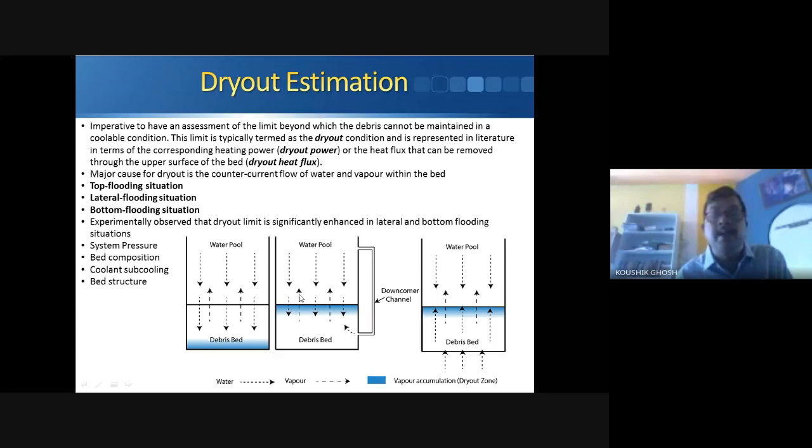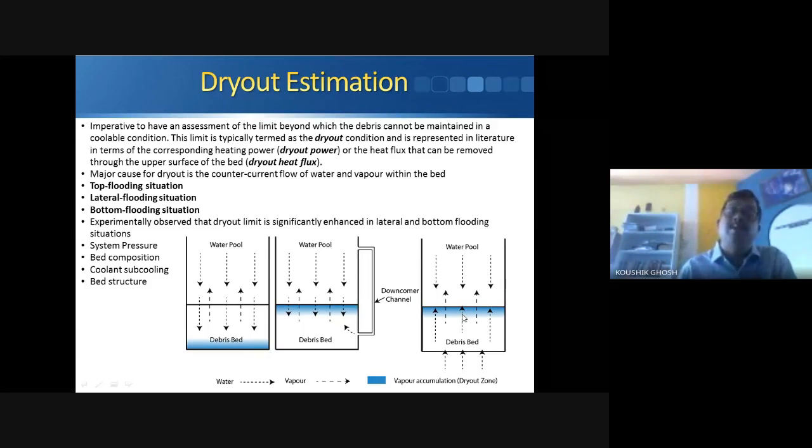Now, due to the presence of this porous bed, whose resistance is very high, there may be accumulation of vapor here. If the vapor is accumulated inside the bed, then due to the lower thermal conductivity of the vapor, the bed will be devoid of the coolant. And if the bed is devoid of coolant, it will undergo remelting. So this is called dry out condition.